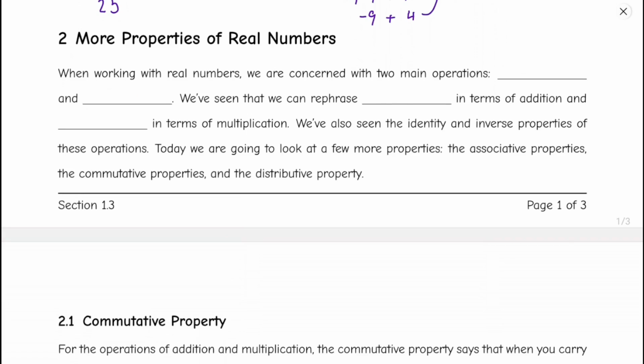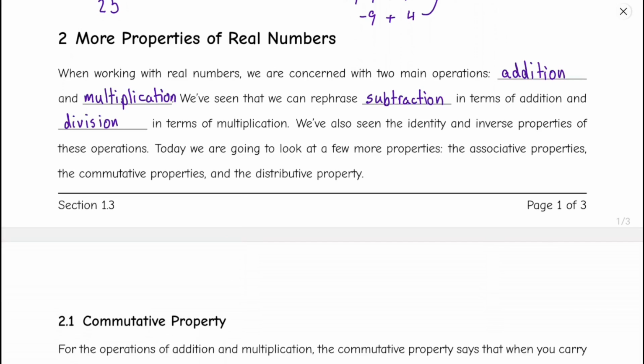Part 2, more properties of real numbers. When working with real numbers, we are concerned with two main operations: addition and multiplication. We've seen that we can rephrase subtraction in terms of addition and division in terms of multiplication.